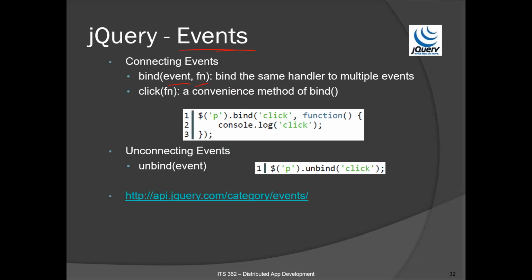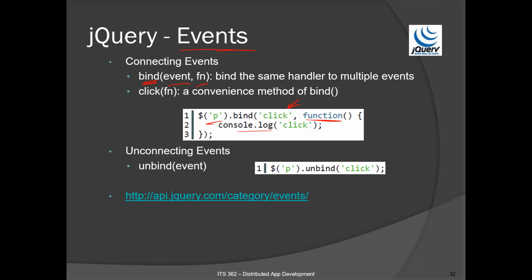It's called bind. So you're going to bind the same handler to multiple events. You can see here, we grab the p tag, or all the p tags, and we're going to bind them to a clicking event. Then when somebody clicks, this is going to be the function that handles that click.